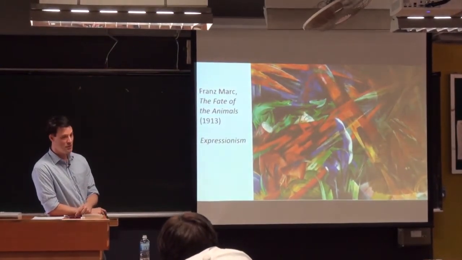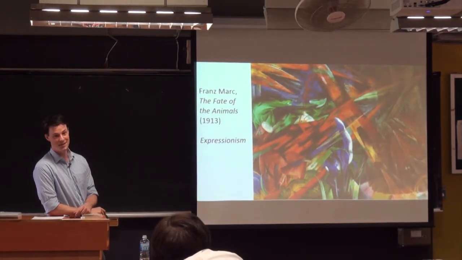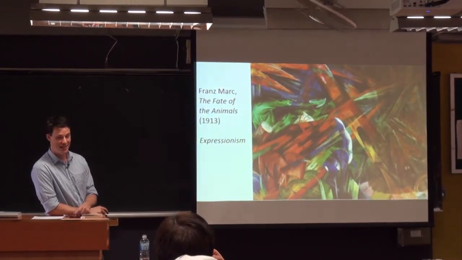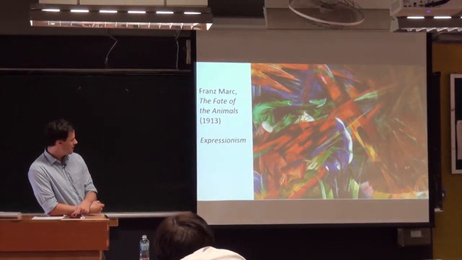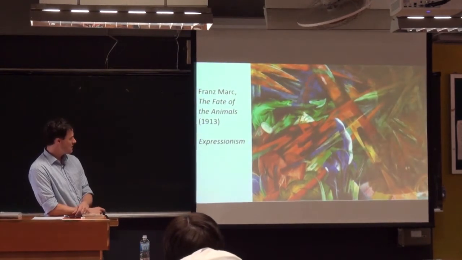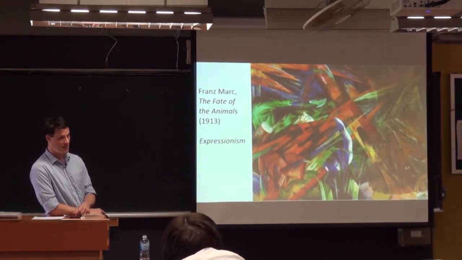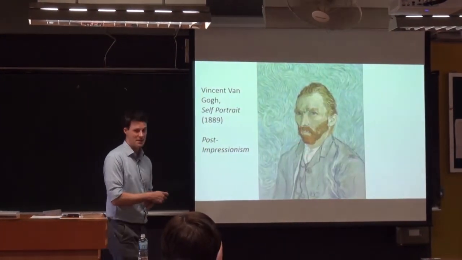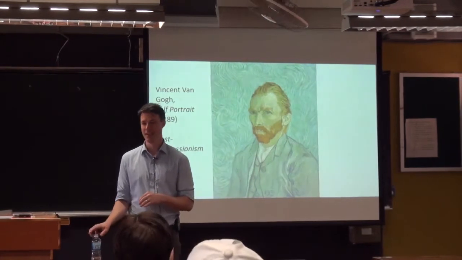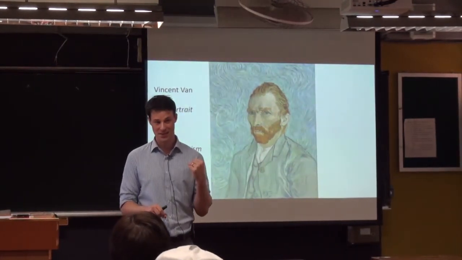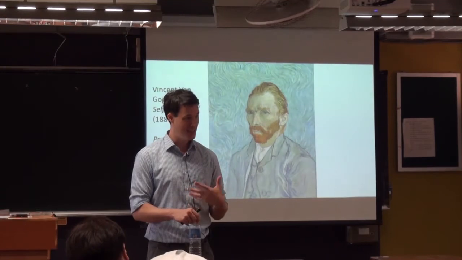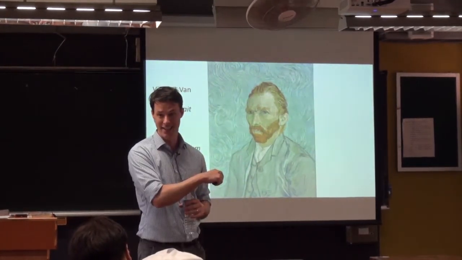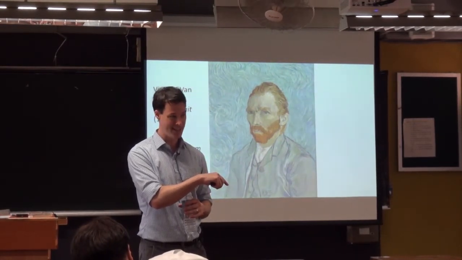I can express it using vivid, bright colors, okay? Powerful shapes and lines, like Marc does in this painting called The Fate of the Animals in 1913. Okay. You could also say this is a kind of early version of Expressionism. Because again, this painting, although it's realistic, it shows a human being, it shows a face, so it's realistic.